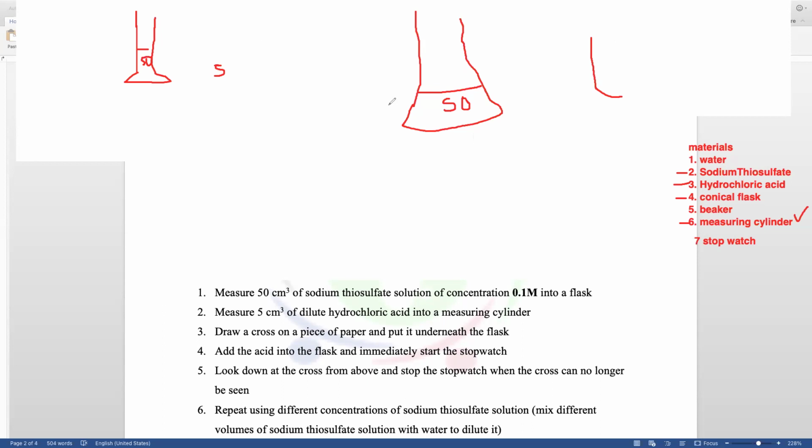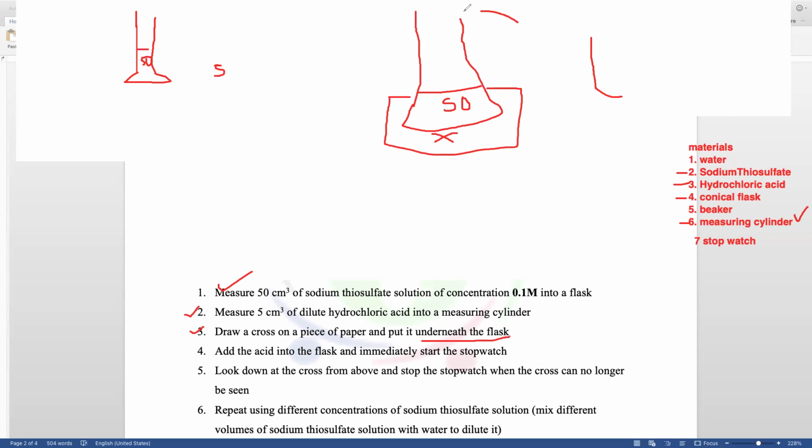That plain paper is put somewhere and should have a cross. We are now drawing a cross, a visible one, on the plain paper. Then you put the conical flask on top.